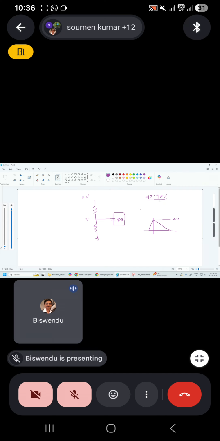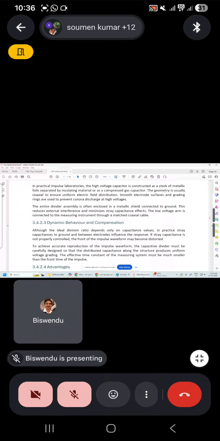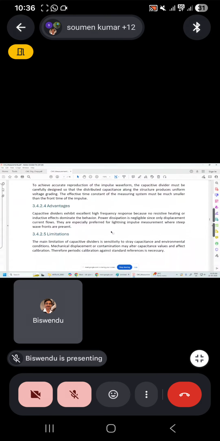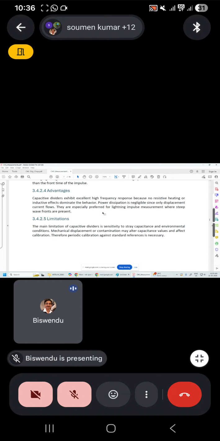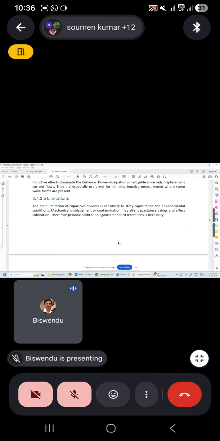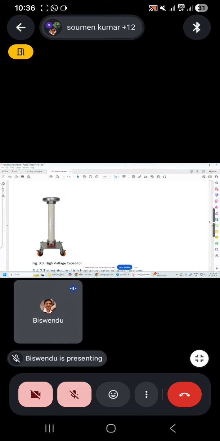So 42.9 kilovolt corresponds to 2 volt peak. In this way, you can do this. There are advantages and limitations. You will have to read it in examination. This is a capacitor. It looks similar to the resistor because all the bodies are made in a similar structure.